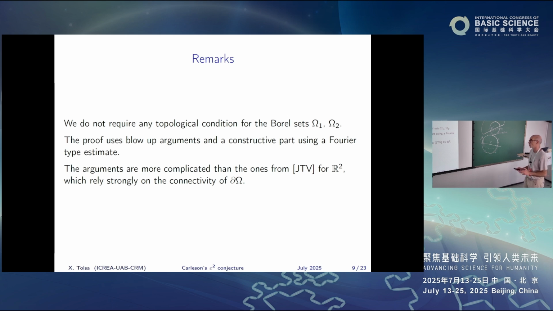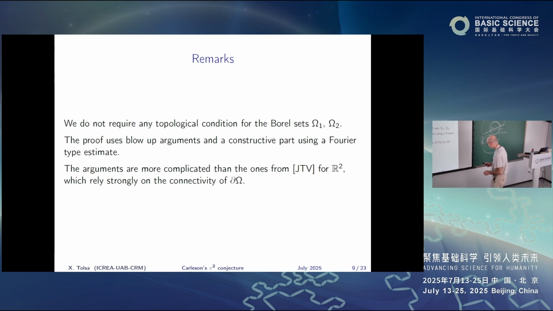Again, the proof uses blow-up arguments, and there is a constructive part using Fourier type estimates and corona construction, some techniques coming from quantitative rectifiability. And the arguments are more complicated than the ones in the previous result with J and Villa, because the previous results used strongly the connectivity of the boundary.